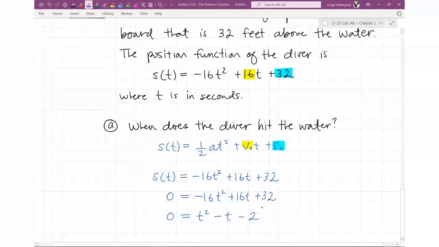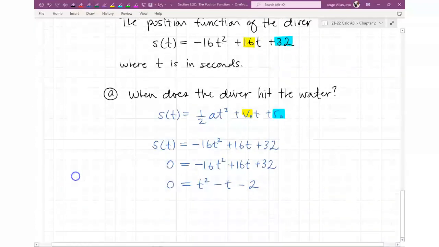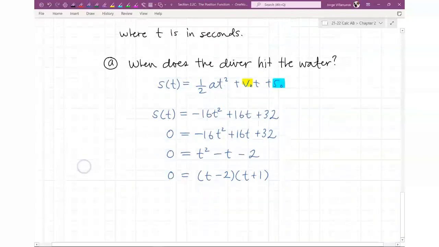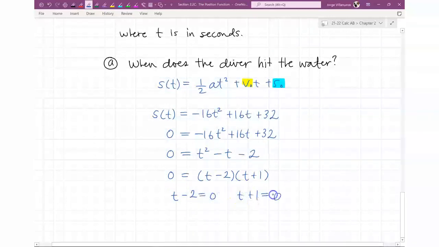Now I can actually factor. So here we go: t minus 2, t plus 1. So t minus 2 equals 0 or t plus 1 equals 0. So t is equal to 2 or negative 1.